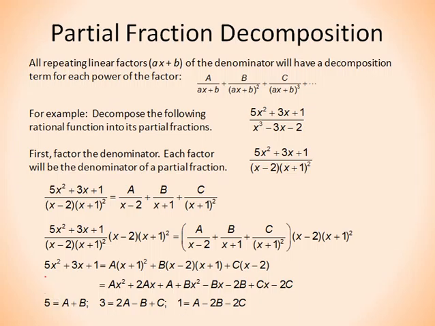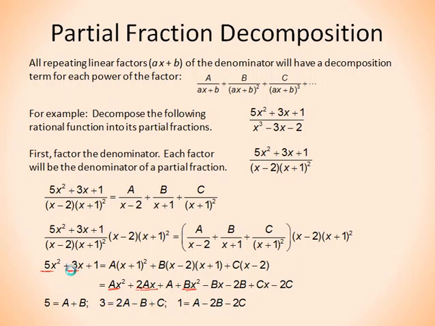And now I need to make my coefficient of x squared equal to the coefficient of x squared that I have over here, which is going to be a plus b. So 5 is equal to a plus b. The coefficient of x has to equal what I have for the coefficient of x here, so I have 2a minus b plus c.